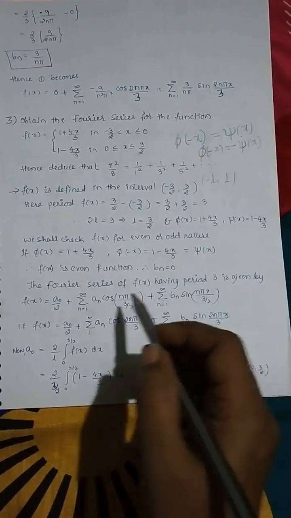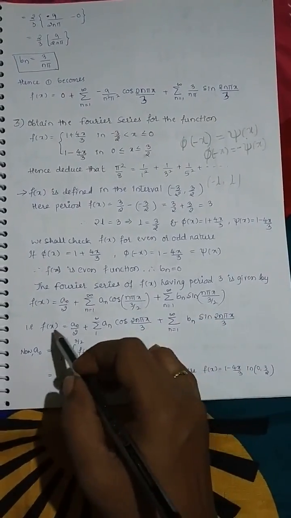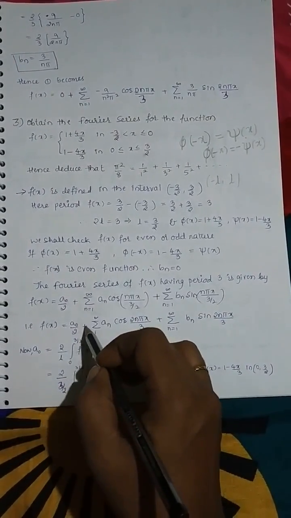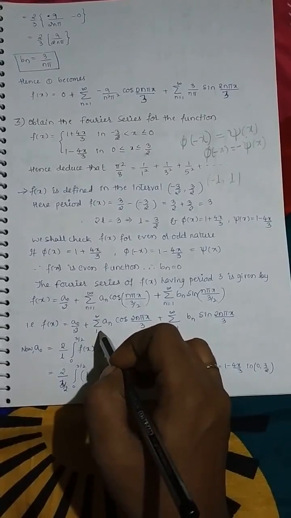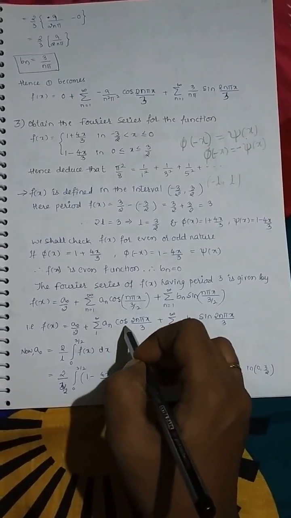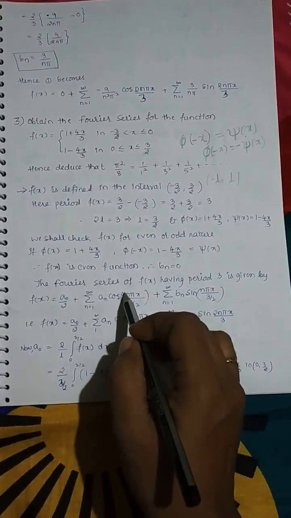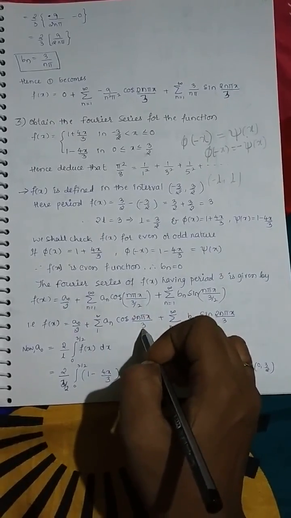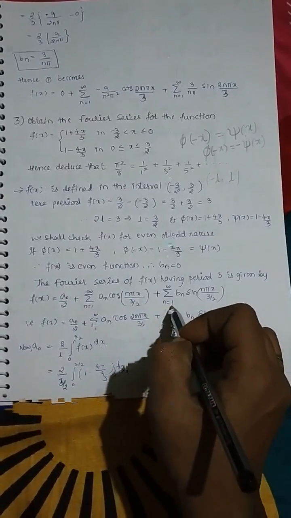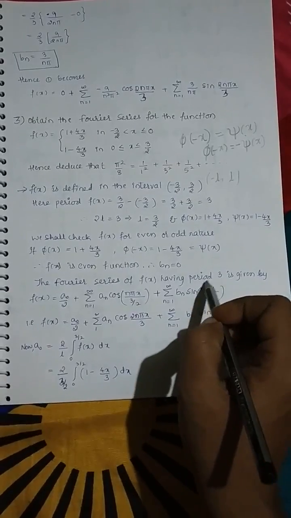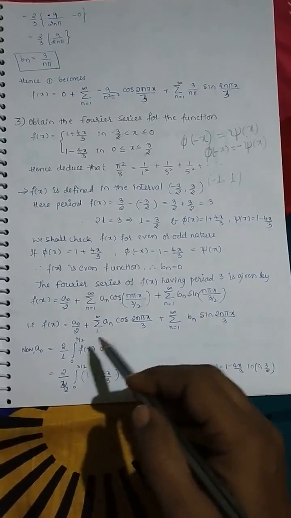L equals 3 by 2. That is, f of x equals a naught by 2 plus summation n equals 1 to infinity an cos 2n pi x upon 3 plus summation bn sin 2n pi x upon 3. This 2 goes to the numerator.